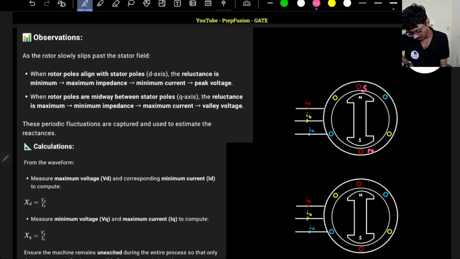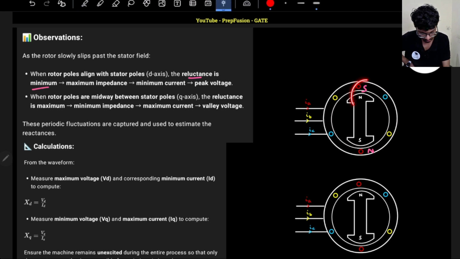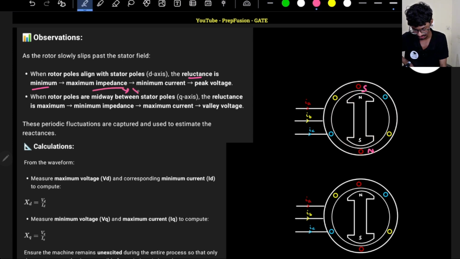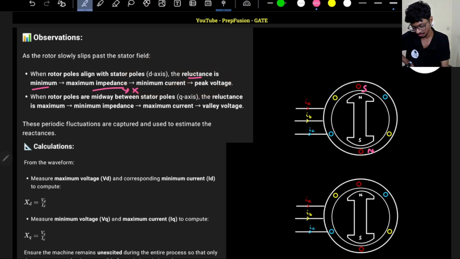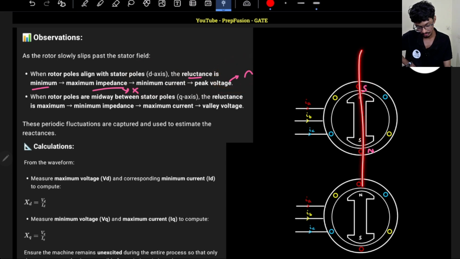XD, right? So that's why the reluctance will be minimum, because the reluctance between the north and south is minimum. Then there will be maximum impedance, basically maximum reactance, X. So current will be minimum, and I will get peak voltage. So the voltage will have a peaky nature. Okay. So this is the point of direct axis. So this will be the direct axis.